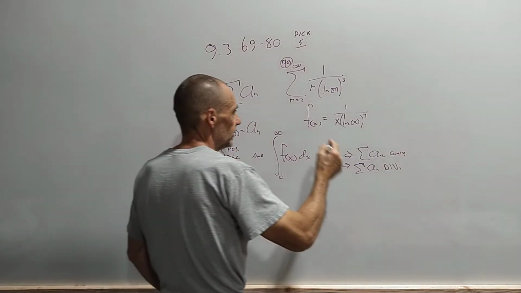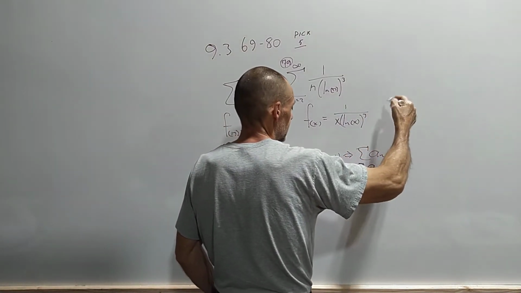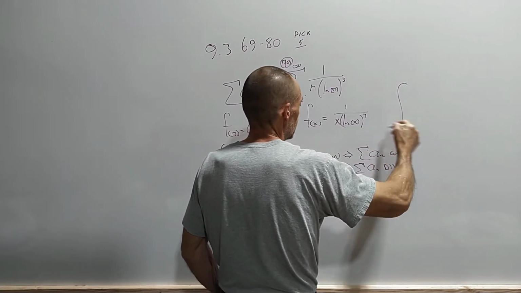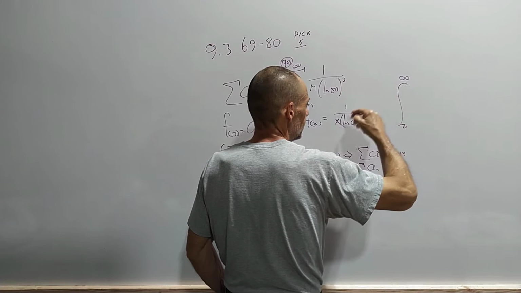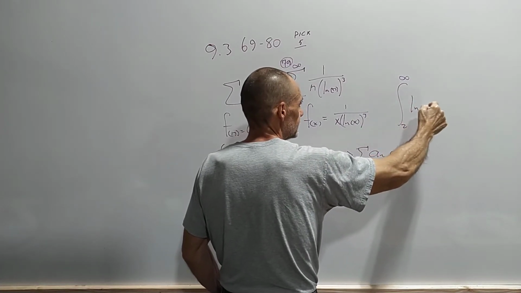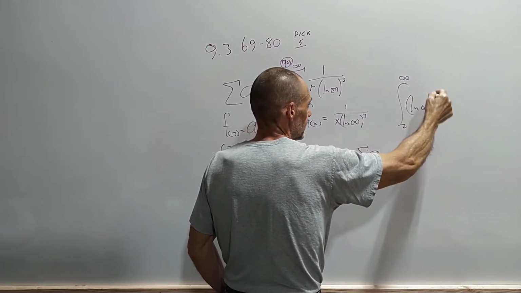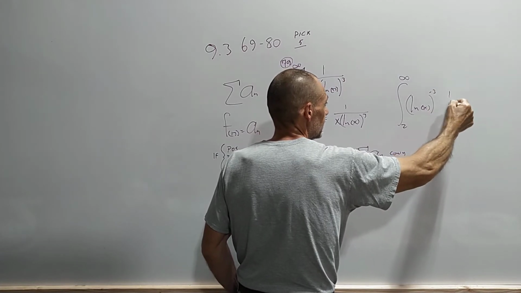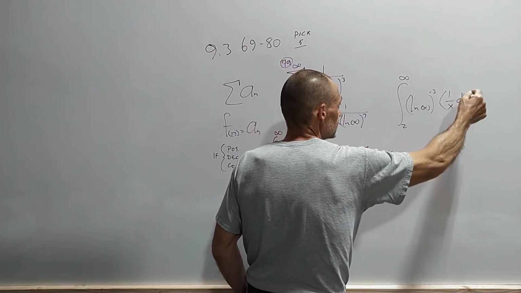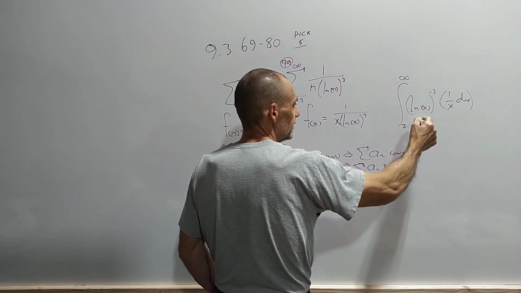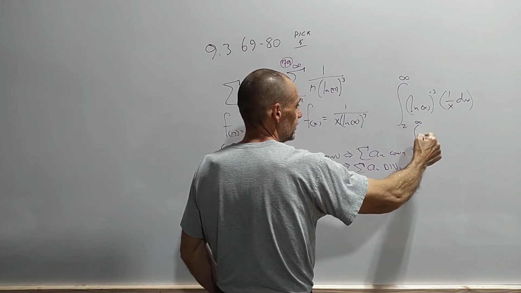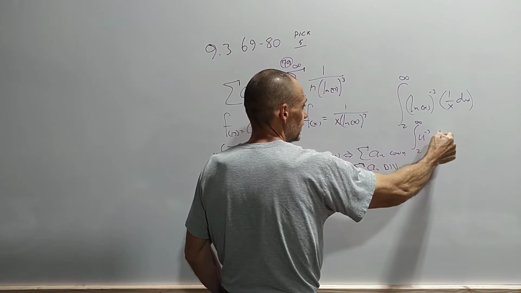And so we would want to try the integral. We're going to start here at 2, take this to infinity, and we probably want to rewrite this as log x to the negative 3, times 1 over x dx. Because here we've got the integral from 2 to infinity of u to the negative 3 du.